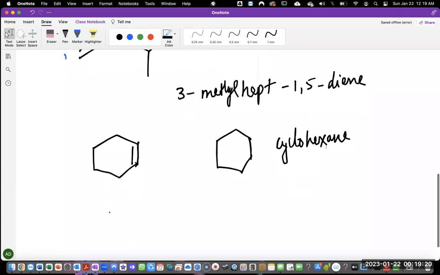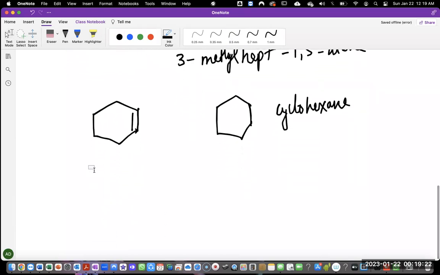So for this guy, it's still cyclohex because I still have 1, 2, 3, 4, 5, 6 carbons, but then we have a double bond. For the double bond, we need to use ene, so hexene instead of hexane. So cyclohexene is telling me that I have a cyclic structure with 6 carbons and it has a double bond.